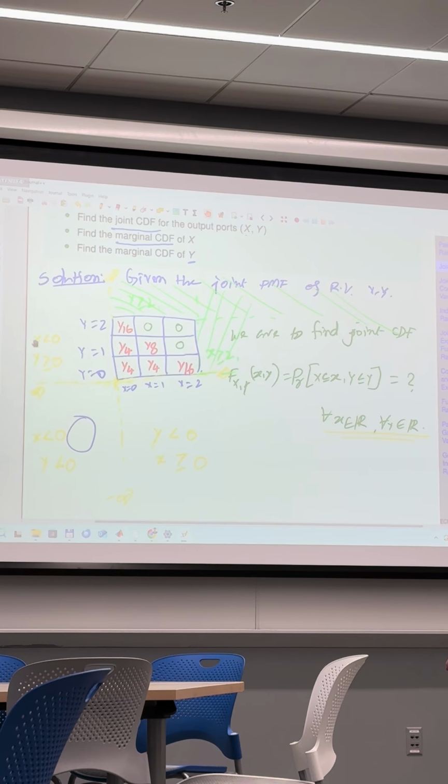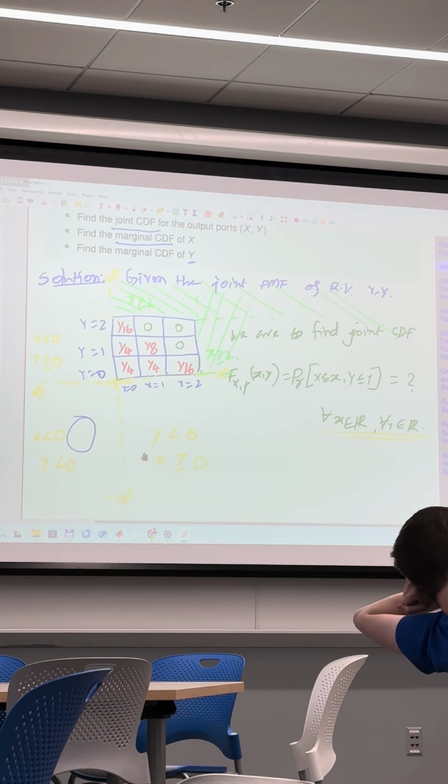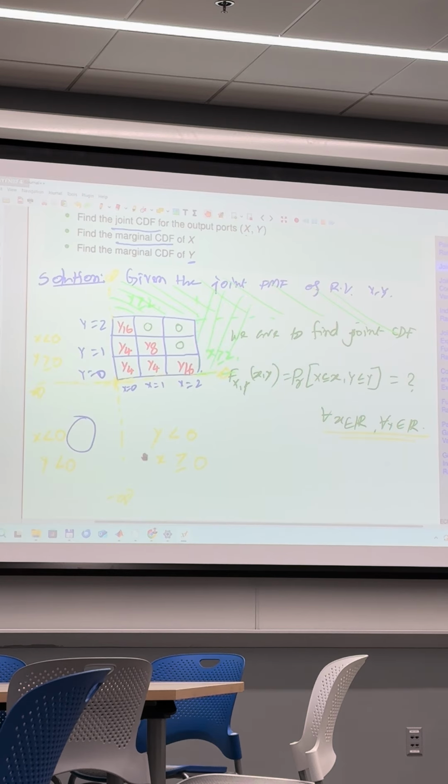Because if x less than 0 and y greater than or equals 0, or x less than 0, any of these events where the number of packets in any of the output ports is negative is going to be 0. So in this region, your joint CDF is going to be 0.